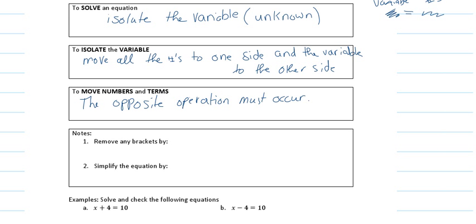Now, before I do all of this, if I have brackets in my equation, I must get rid of the brackets first. Remember yesterday we talked about distributing? You have to do that before you can move things around. So remove any brackets by multiplying, using the distributive property. Are you guys okay with that? You understand what distributive property means?